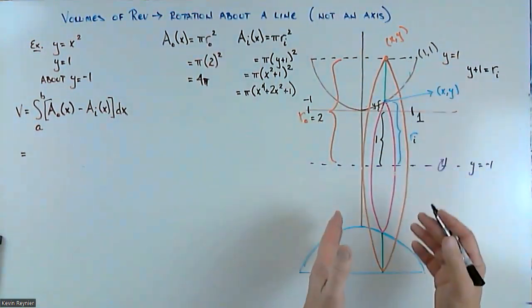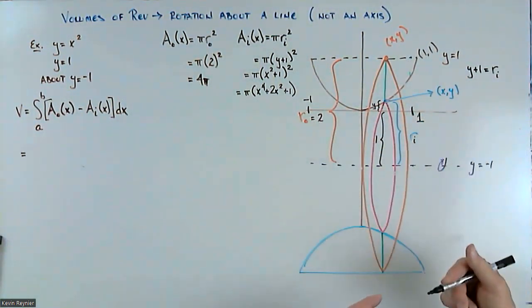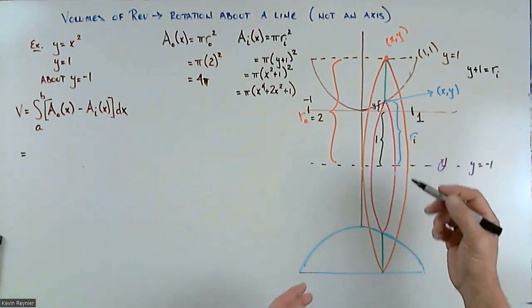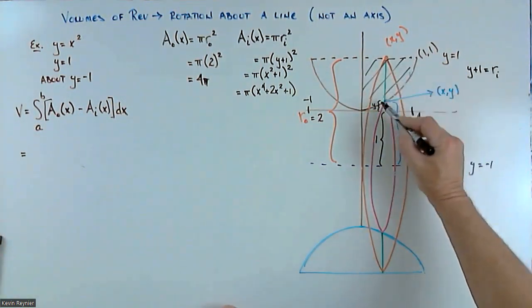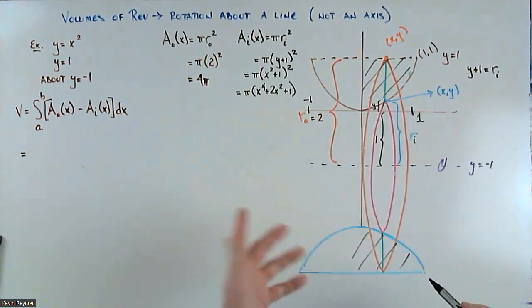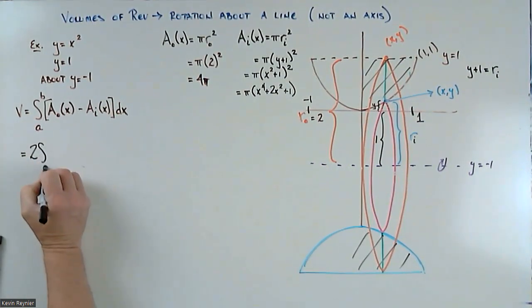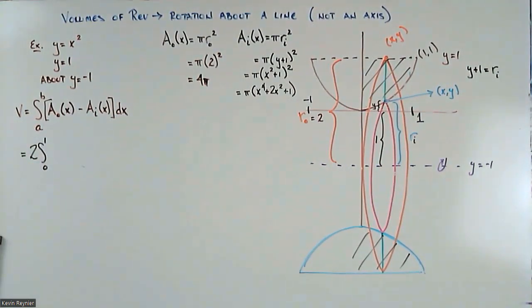But we recognize the symmetry of the situation, the symmetry of the shape, the symmetry of the solid that we have here. And we understand that if we just use half of this, we can integrate from 0 to 1. And as long as we remember that that's only half of it and put a 2 out front, we can save ourselves a little bit of work.